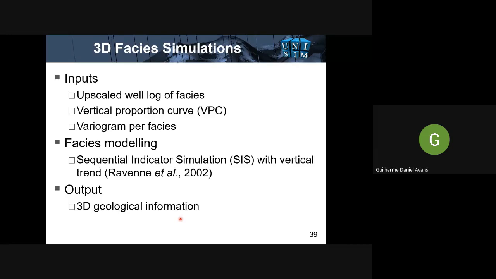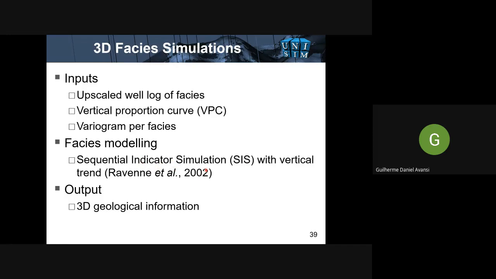For the facies models we use sequential indicator simulation with vertical trend. This vertical trend that I mentioned here is the vertical proportion curve. I don't know, maybe Manuel presented this about facies modeling and how sequential indicator simulation is used, so maybe you can go there and review what it means.